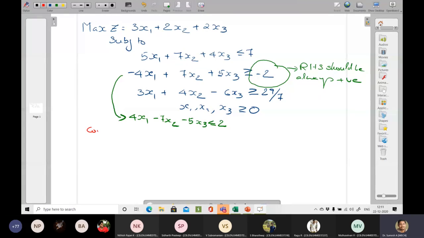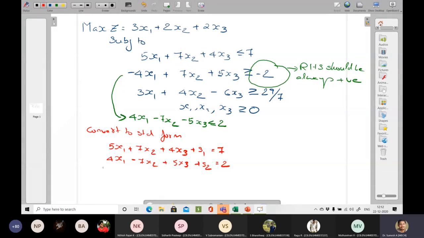So convert to standard form. The first equation, as he told: 5x1 plus 7x2 plus 4x3 plus s1 equals 7. Second constraint: 4x1 minus 7x2 plus 5x3 plus s2 equals 2.